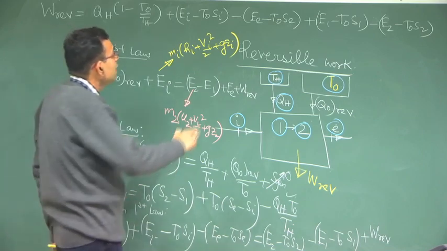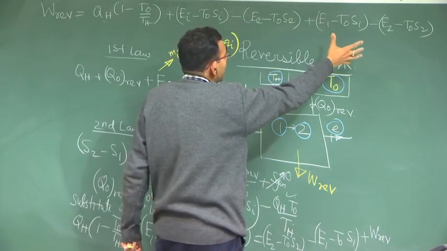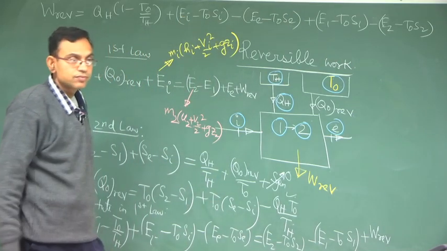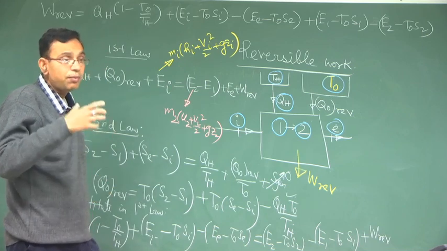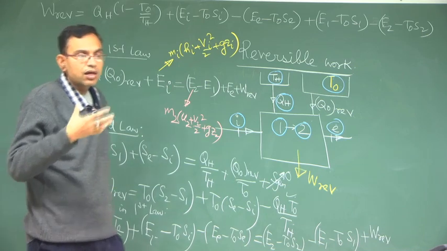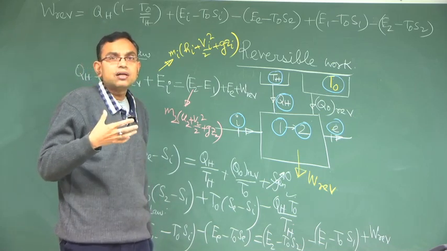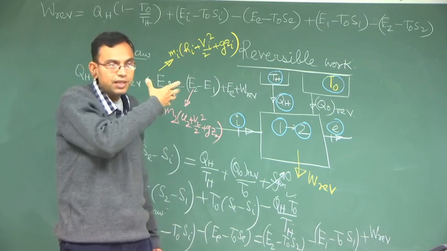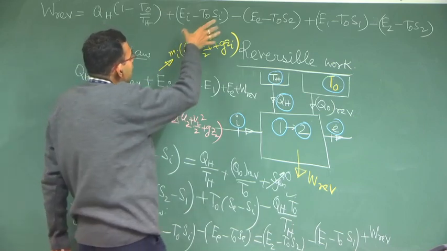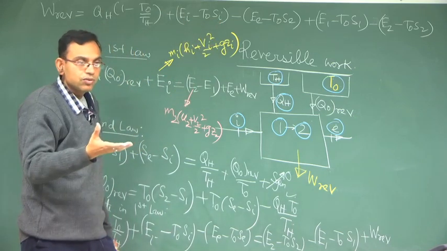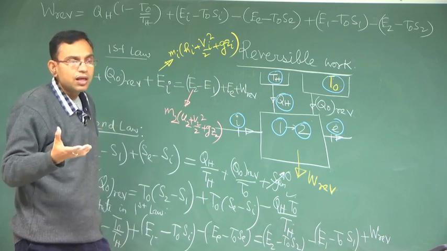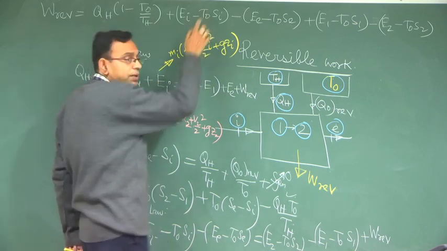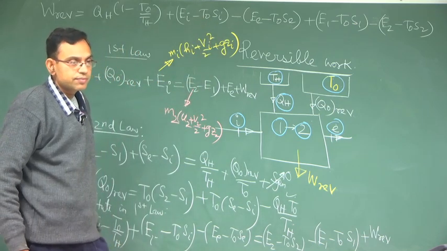And you can see that it is just like the first law expression, but energies are replaced by energy minus T0S. So, this E minus TS is considered to be a sort of a term called free energy, which we will discuss later on, but the concept starts from here, that you have an energy that is freely available, which is not the difference in E, but the difference in E minus TS, where the T is the reference temperature of the surroundings.